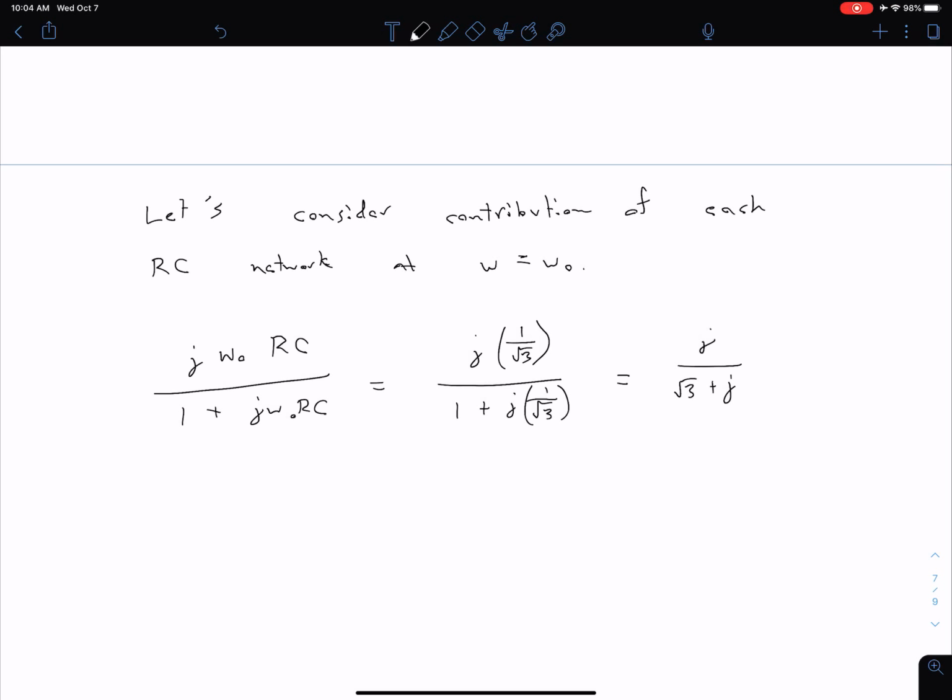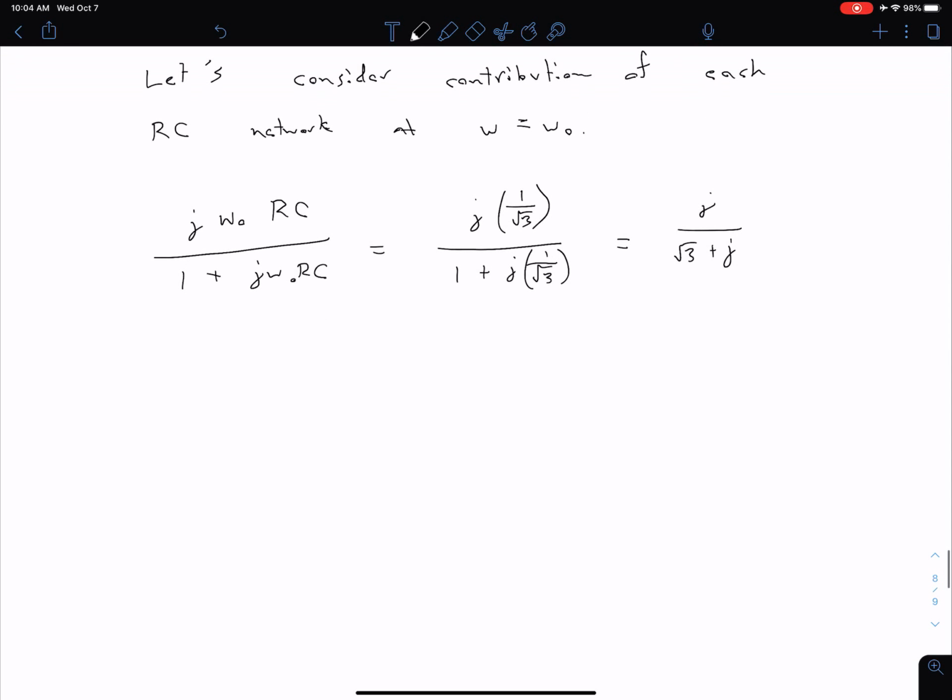Okay, so now let's change this to polar form, so we want it in terms of a magnitude and phase. The numerator, we can essentially write as 1 angle 90 degrees. Remember our j, we can think about what that looks like in the complex plane.